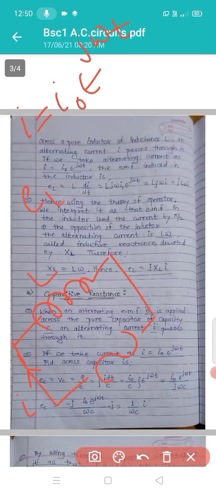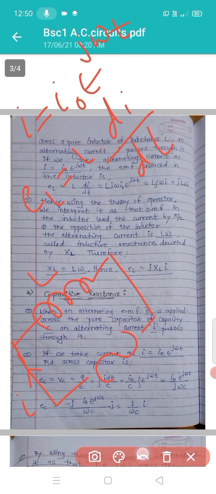The EMF induced in the inductor is EL equal to L into di upon dt. This is the EMF induced in the inductor.